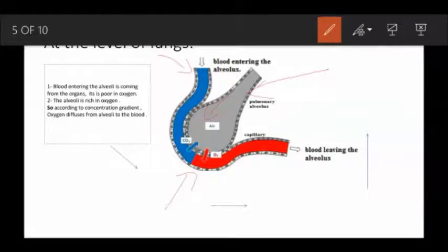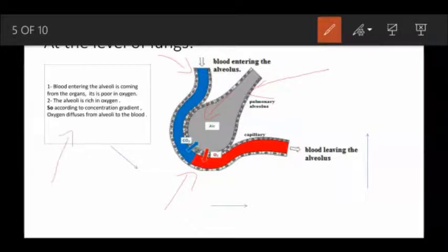This blood is coming from the organs, for sure, because the blood makes a connection between the alveoli and the organs. It is poor in oxygen, and the alveolus is rich in oxygen because it's filled with inhaled air.